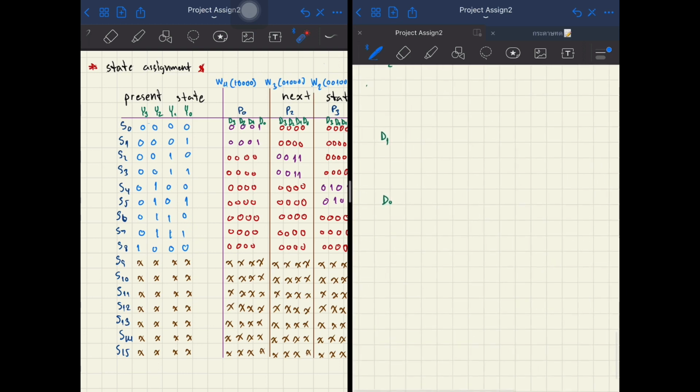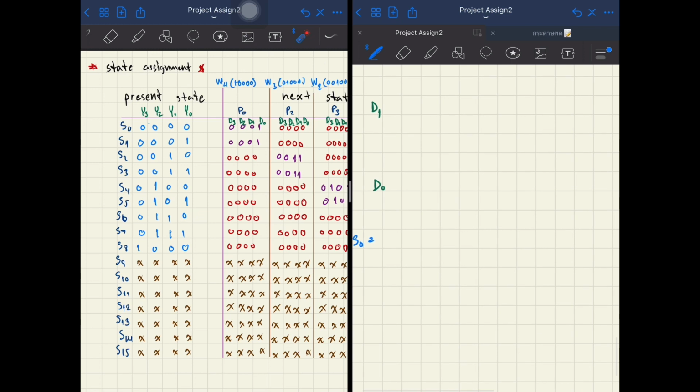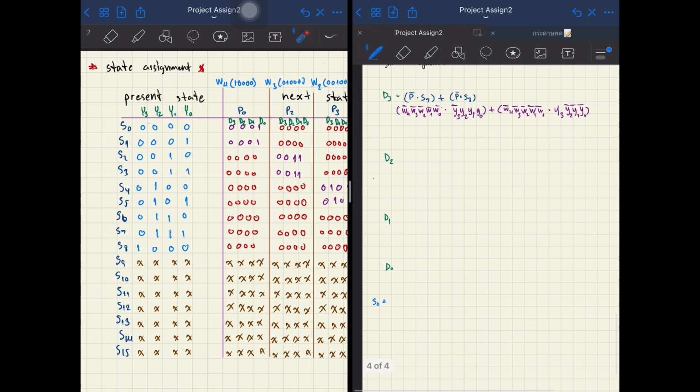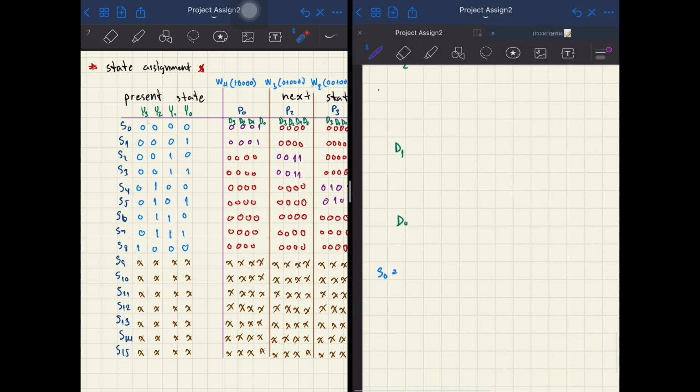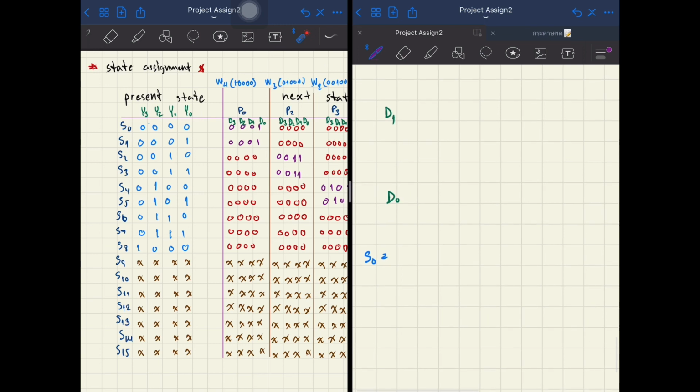Write S0, what do we get? S0 we get y3 y2, sorry, I must use purple, right? S0 is 0 0 0 0, we need 1, so we must complement everything.